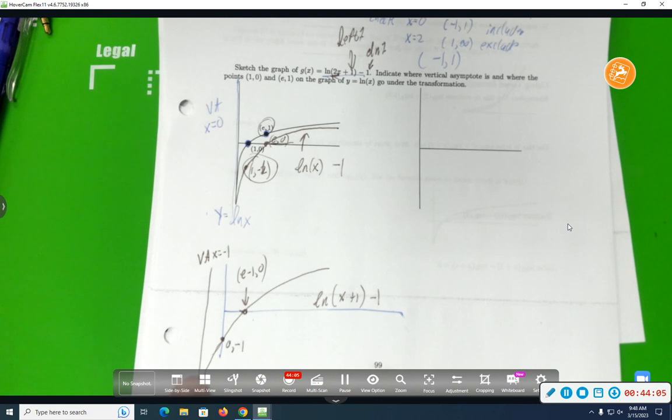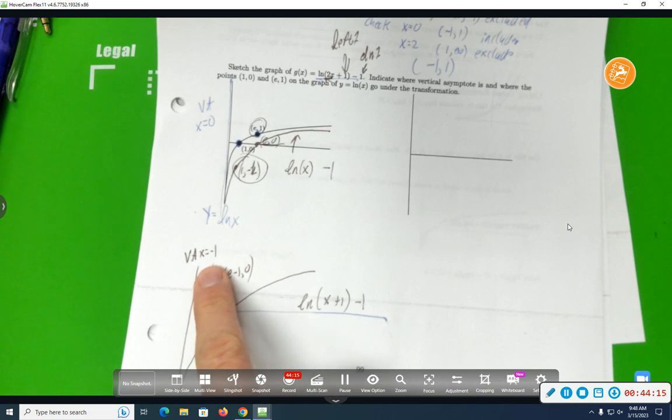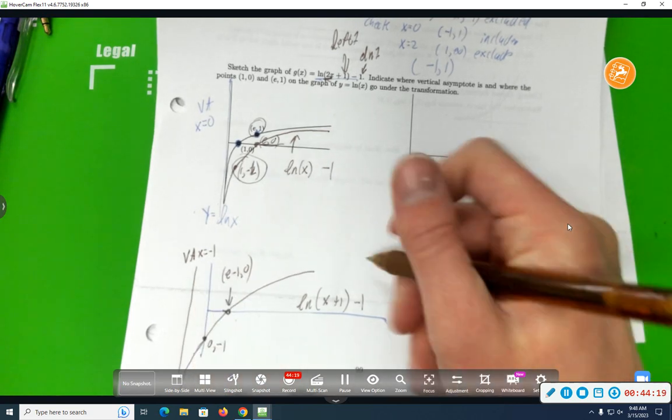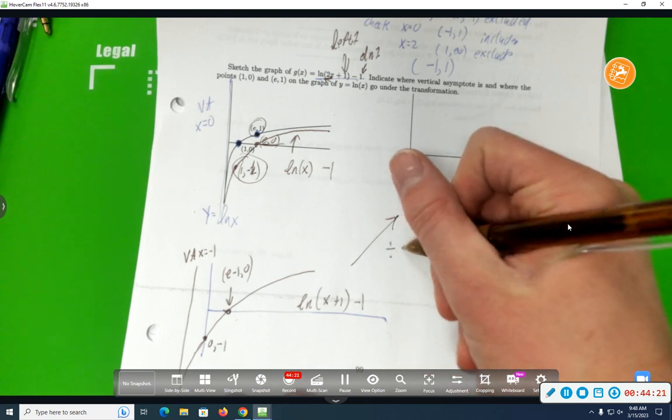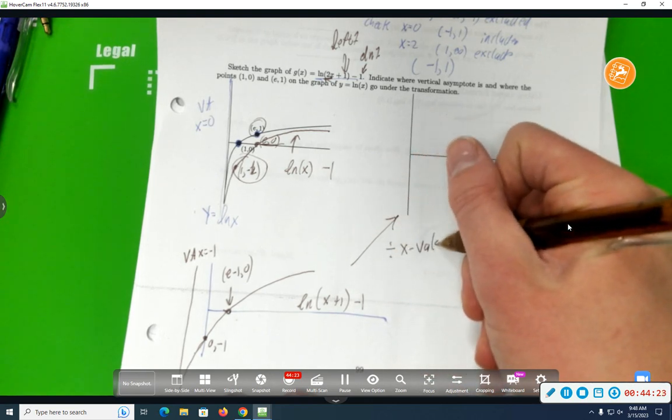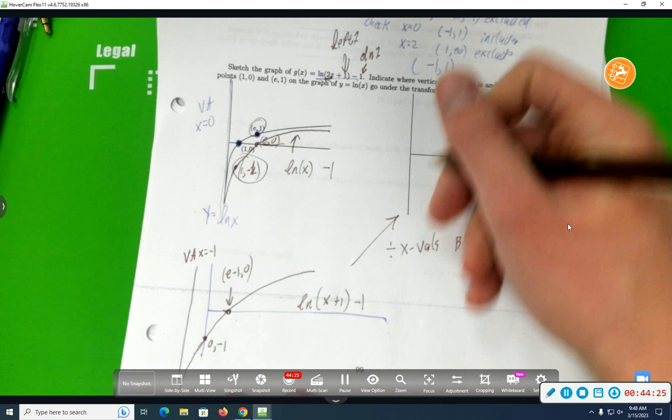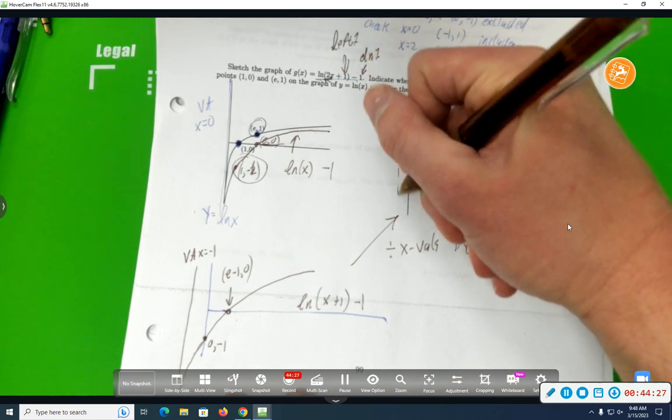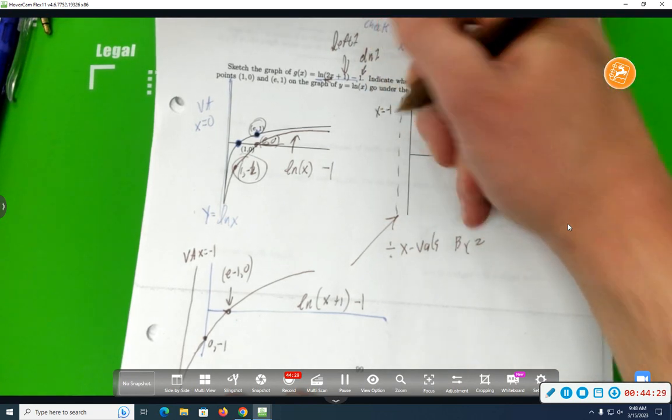The vertical asymptote will now be at negative a half, right? It's at negative 1 now. All the x values will get divided by 2. Divide x values by 2. So there will be a vertical asymptote at x equals negative a half.